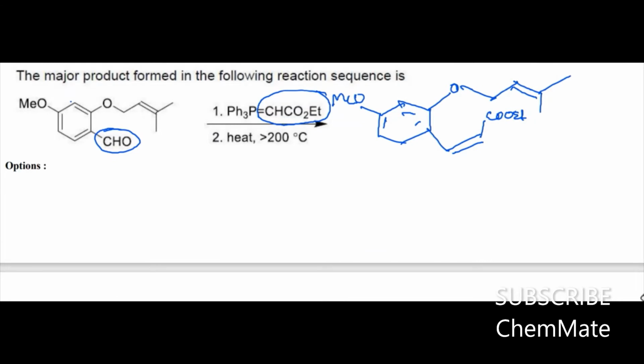So after that, when it is heated at 200 degrees centigrade, then a 3,3 sigmatropic rearrangement will take place, that is the Claisen rearrangement. Aryl allyl ether will undergo Claisen rearrangement, 3,3 sigmatropic rearrangement, that is 1 2 3, 1 2 3.